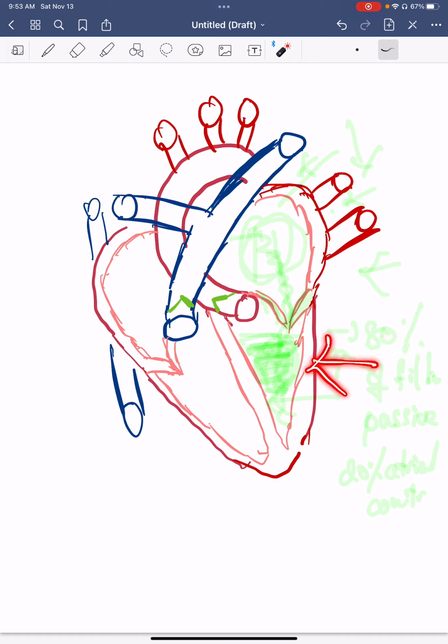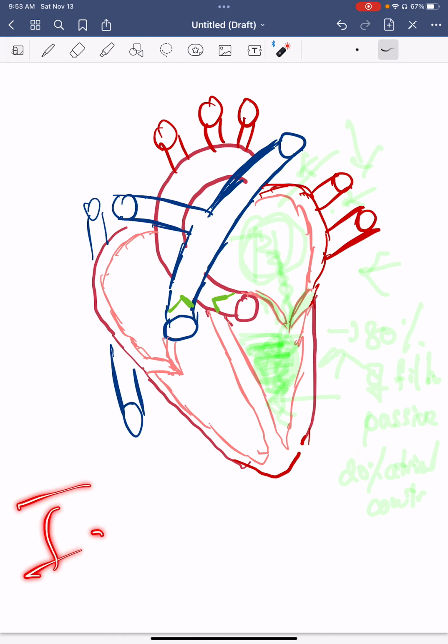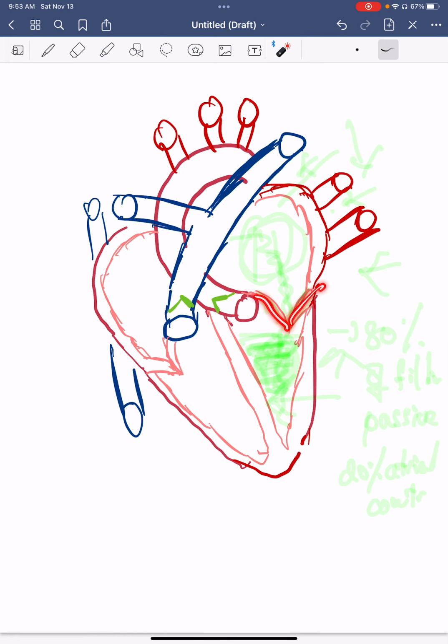Now the ventricle starts contracting in a closed chamber. The volume is constant and the pressure is increasing. This phase is called isovolumetric contraction. In this phase, the mitral valve is closed and the aortic valve is closed.